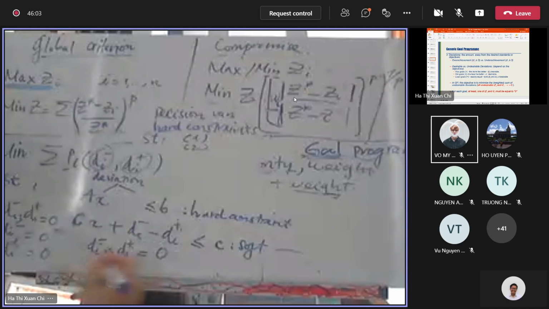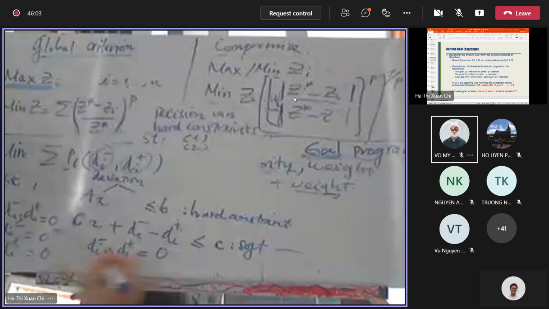Okay. So for goal programming here, everyone, they apply it in many problems. The real problems prefer goal programming. Why do they prefer it? Because for real problems, they just say, I want to satisfy this one, I want to meet that one, and I want to get that number.